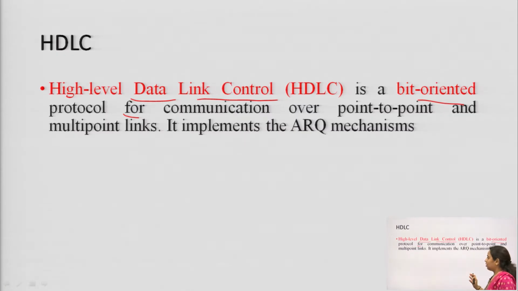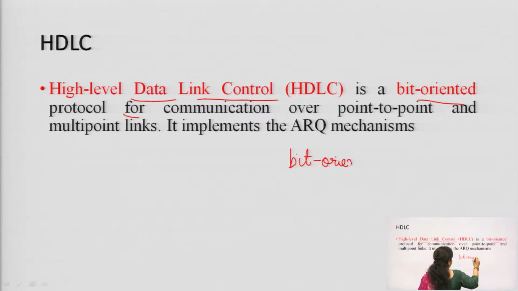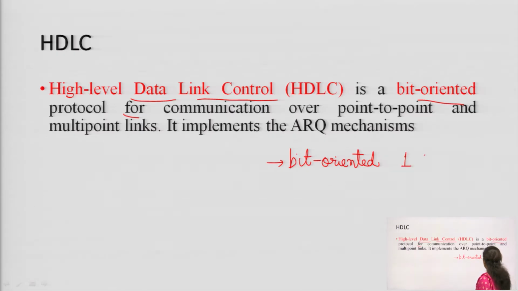In this one line definition, you can see there are 3 to 4 different terms used. The first thing is, what is bit oriented? Previously I discussed two types of transmission that are possible, bit oriented and character oriented. In character oriented, we transmit the information in the form of characters, like A, B, C, D, alphabets. But in bit oriented, the data is transmitted in terms of bits, that is in the form of 1 and 0.